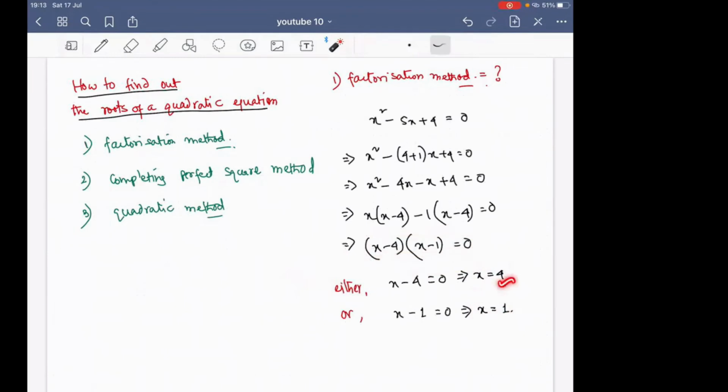That means these two are the roots. These two are the roots of which equation? This equation. Okay. This is one of the examples of how we find out the roots of an equation by using the factorization method. All right.